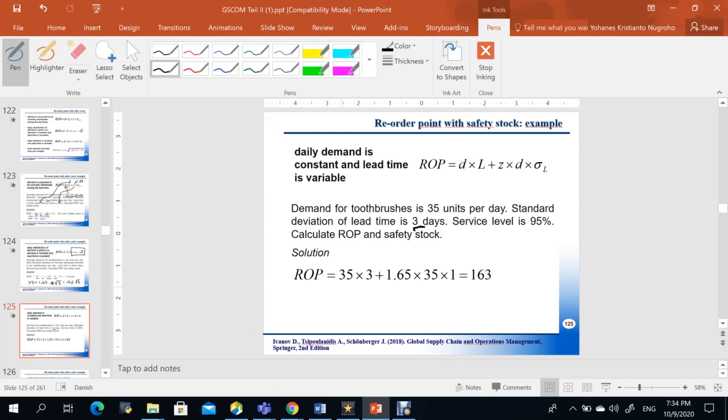Then we have 35 coming from demand, and the lead time is 3 days, and then again times the service level Z of 1.65 times demand, and it should be times 3, because the standard deviation of lead time is 3 days, right? So I think we should recalculate this reorder point.